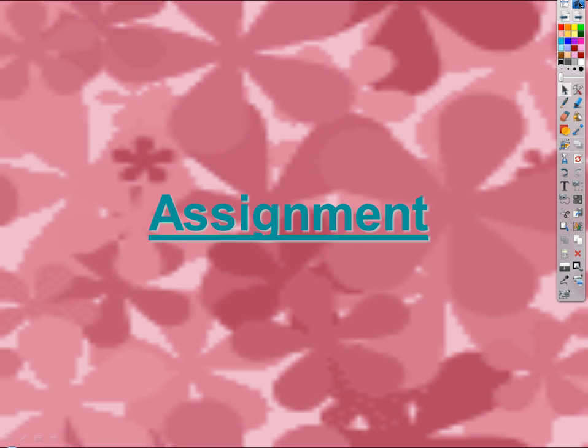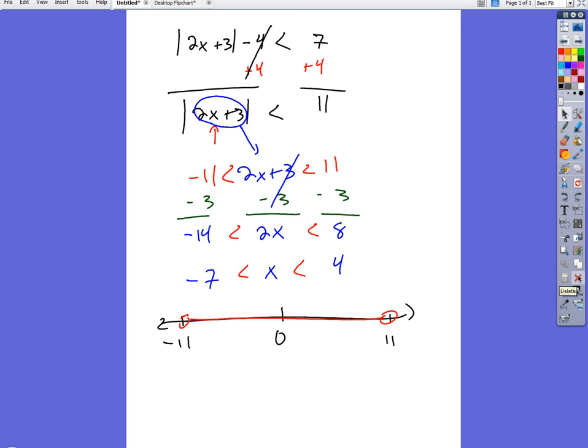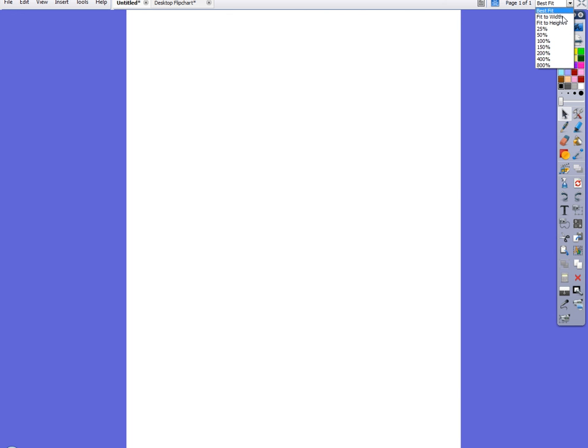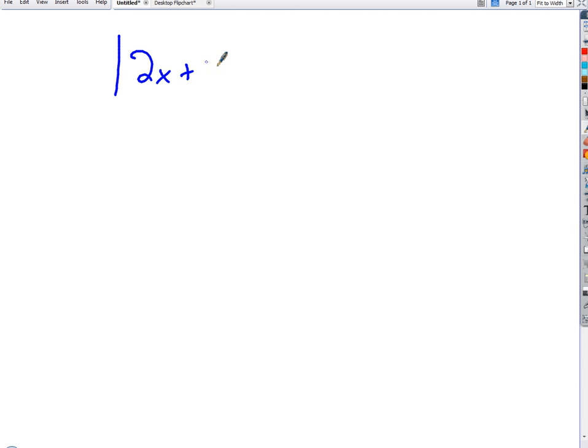Get out your notebooks and try this one. Okay, try this. Try that. Solve for x.